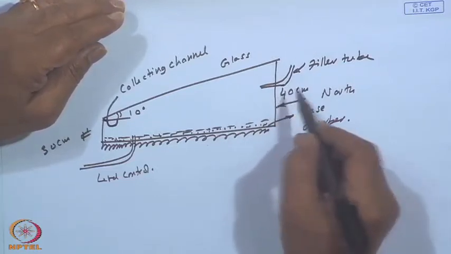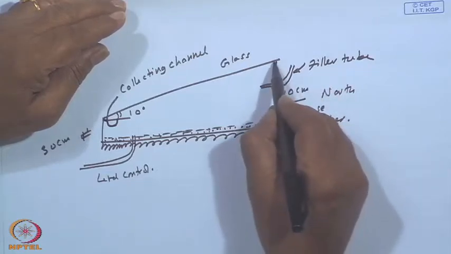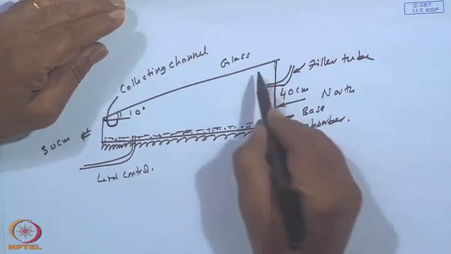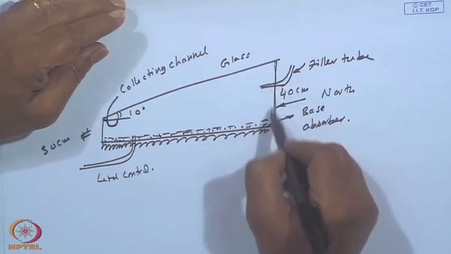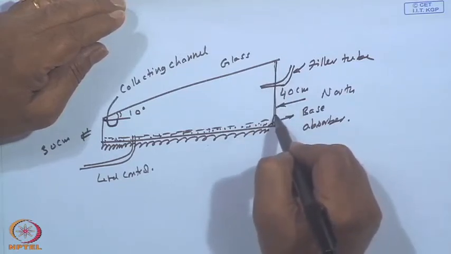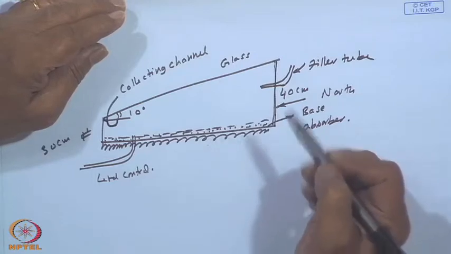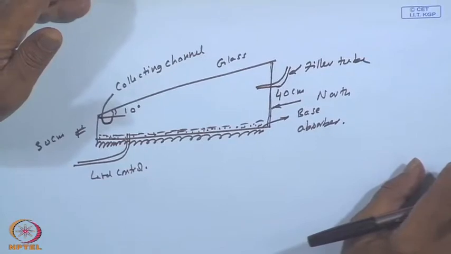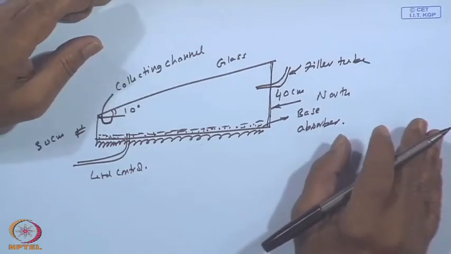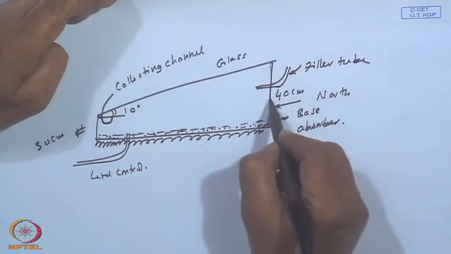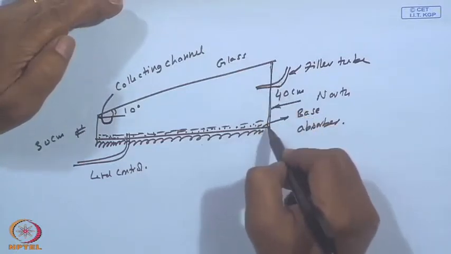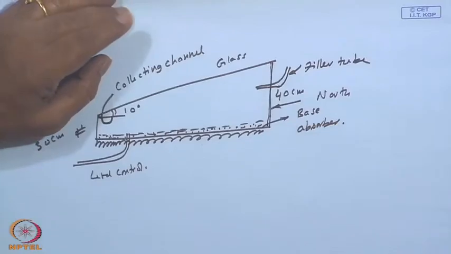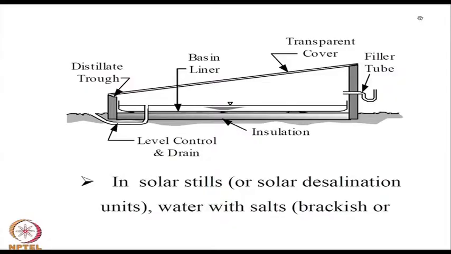Others will say that will also cause a loss. Instead, make it black and non-transparent, and that will absorb radiation, heat the surface and heat the water. Whatever the argument, there was probably no discernible difference in performance whether you put a transparent glass on the northern side or a black painted opaque surface.